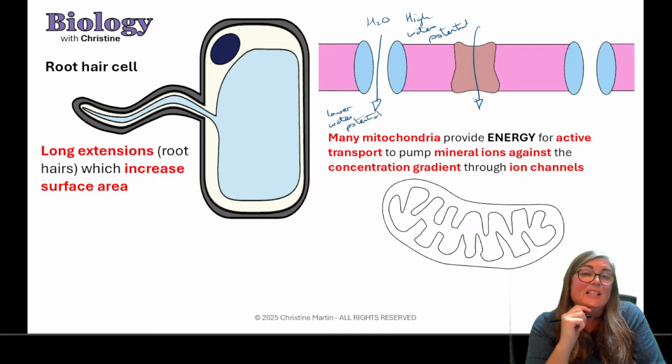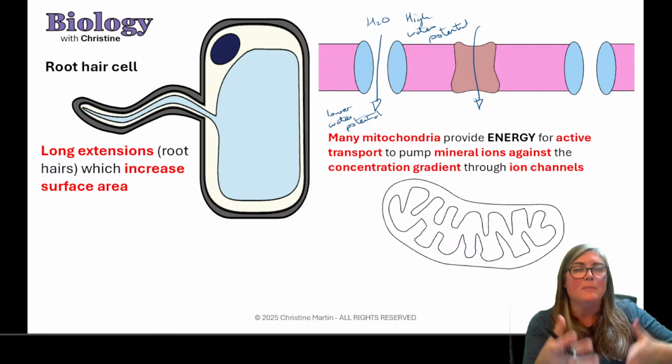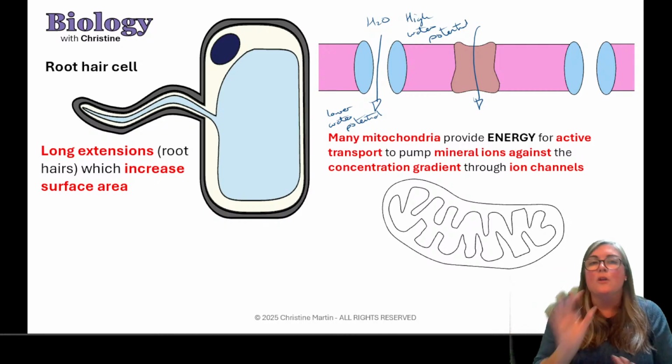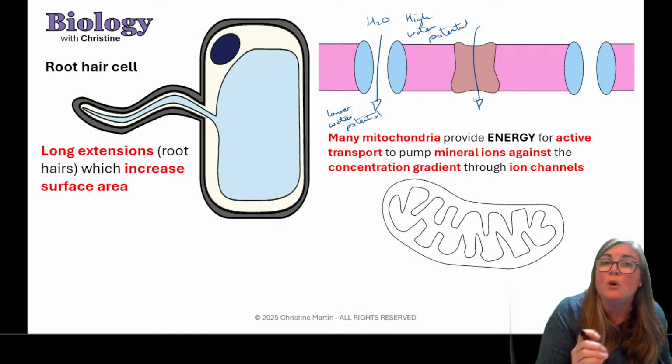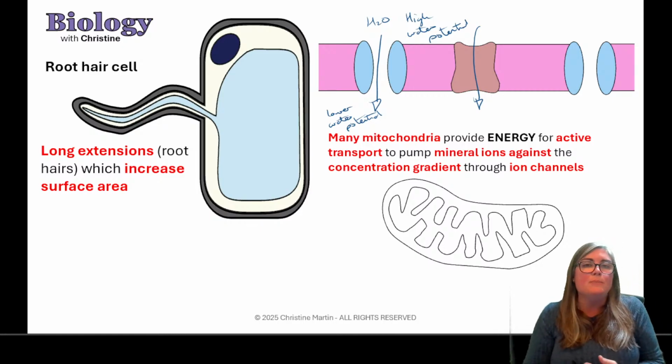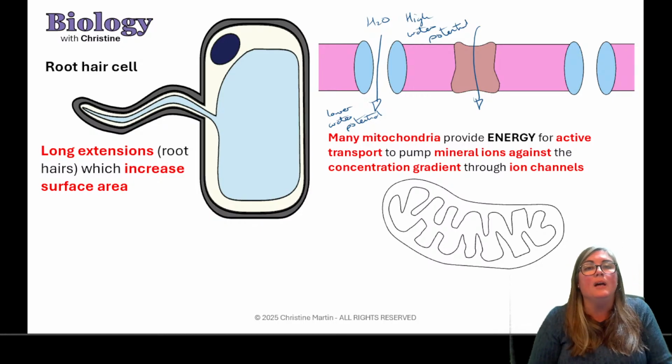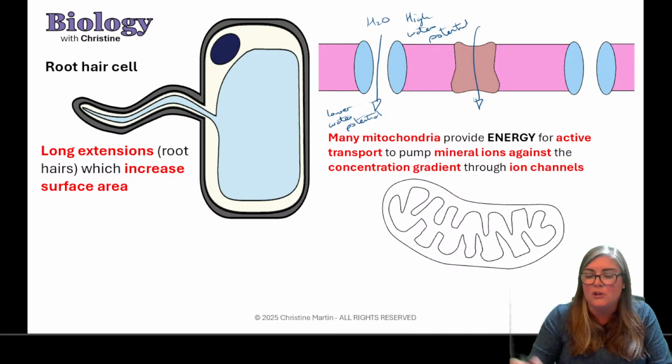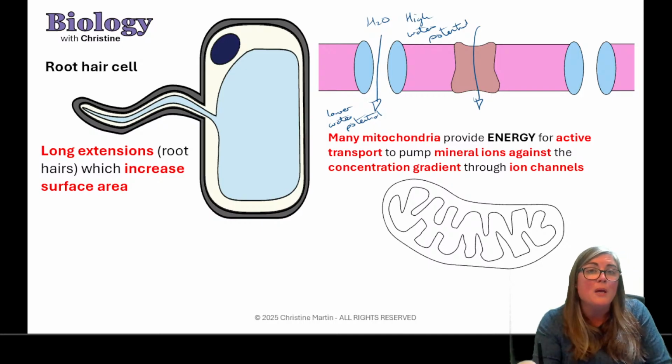Now, technically, it's actually hydrogen ions that are pumped out and they move in. But for you, you just need to talk about the active transport pumping mineral ions against their concentration gradient. So we know that they're being pumped against the concentration gradient.